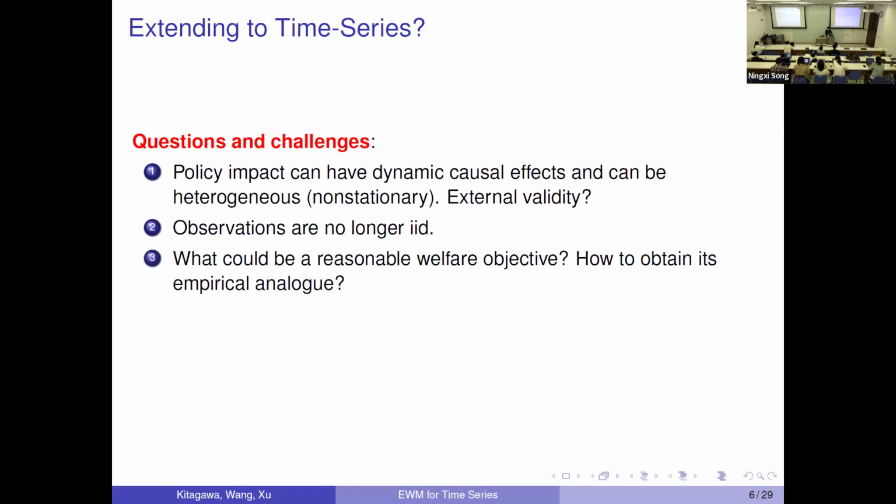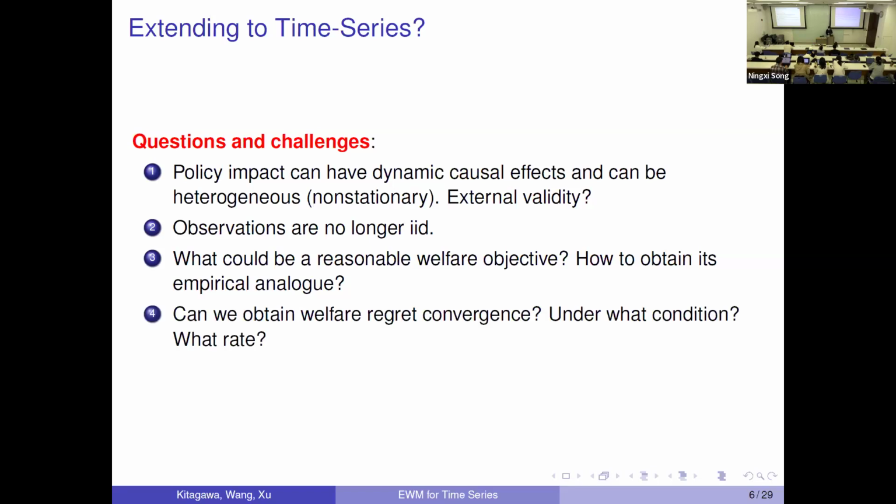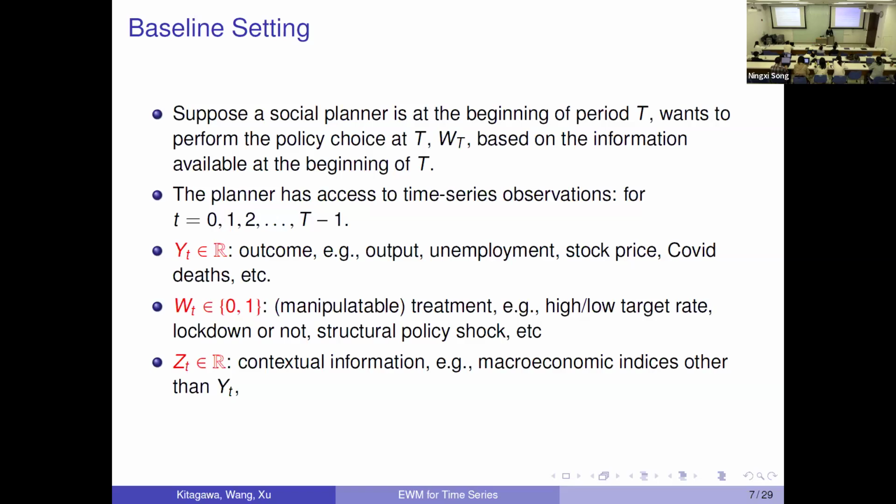The third thing is what could be a reasonable welfare objective, and how to obtain its empirical analog. And the last thing is how to obtain a comparable welfare regret convergence rate, under what conditions, and what is the rate. This is the basic setup. We have a social planner, and the data is a single time series.